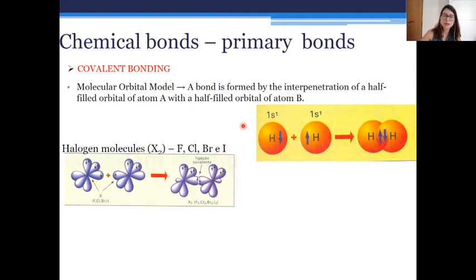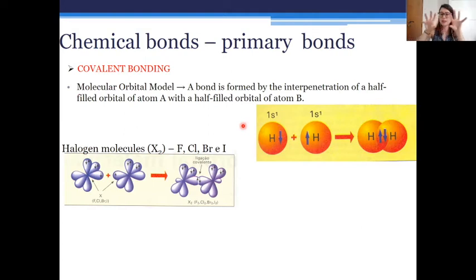So, covalent bonding. Considering the molecular orbital model, a bond is formed by the interpenetration of a half-filled orbital of atom A with a half-filled orbital of atom B. For example, in the case of hydrogen, you have one atom that has one electron, the other also has one electron, and so they will share their electrons.